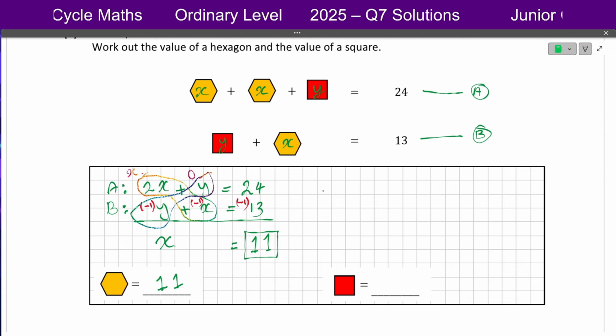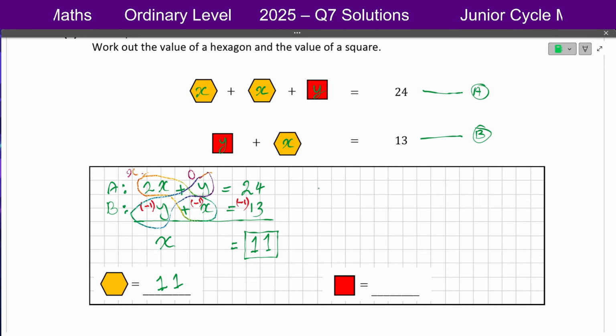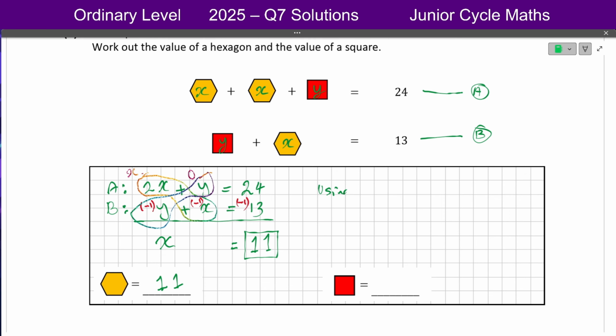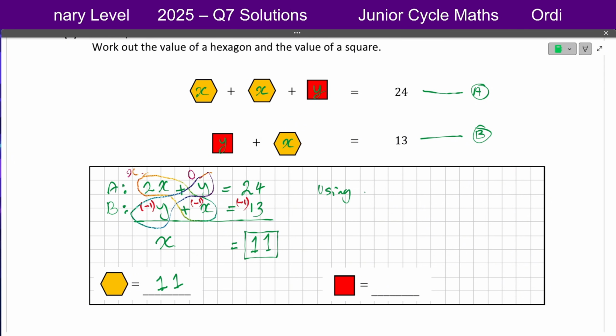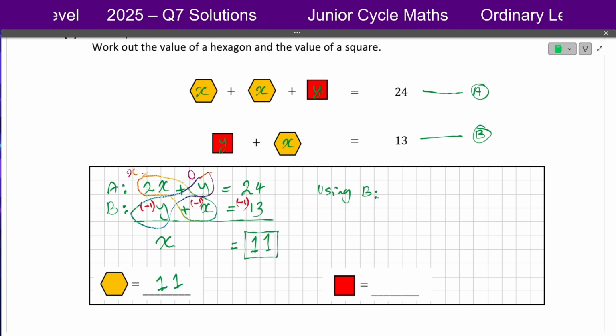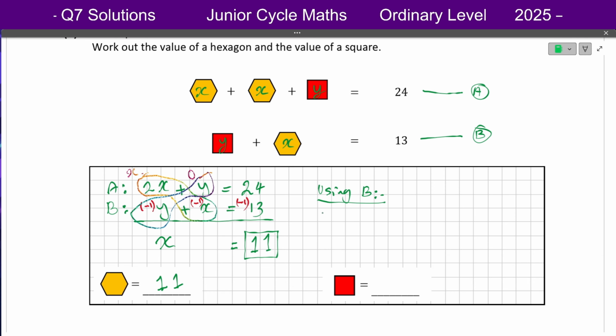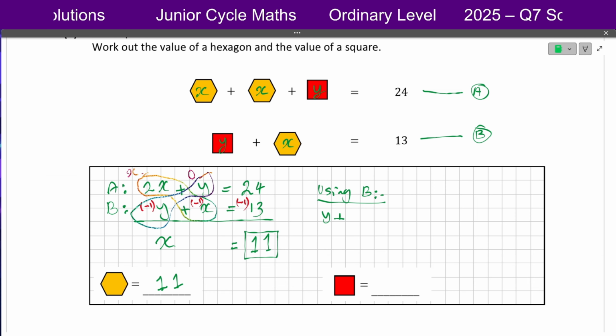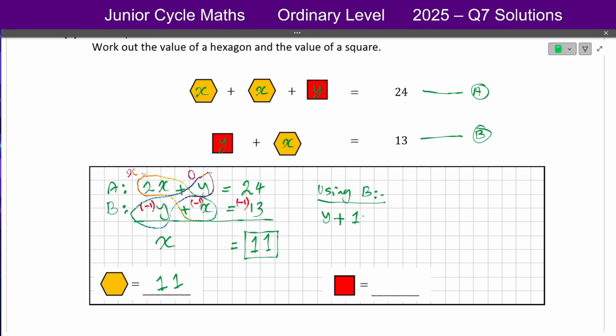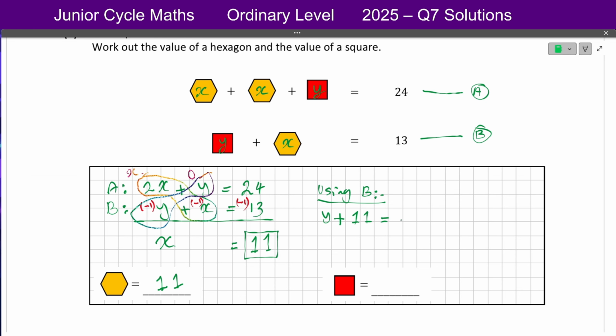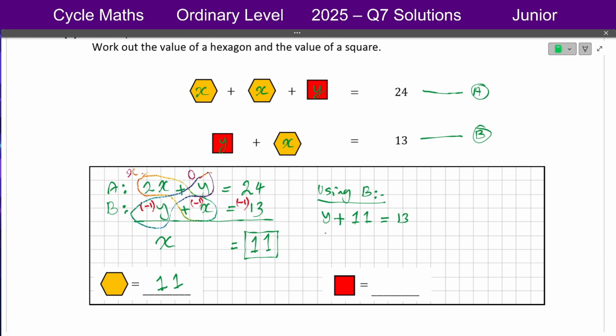Using b, for example here, what we can get is y plus x, x is 11, we know that, equals 13, right?